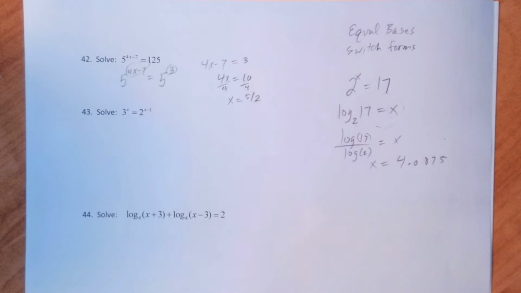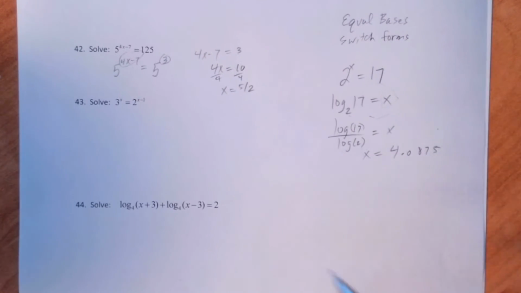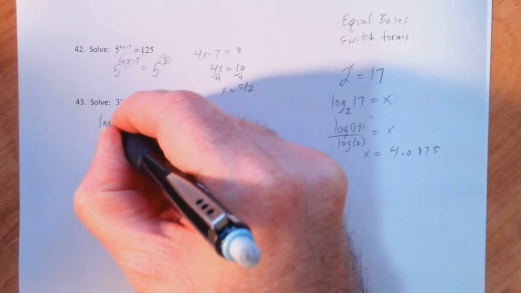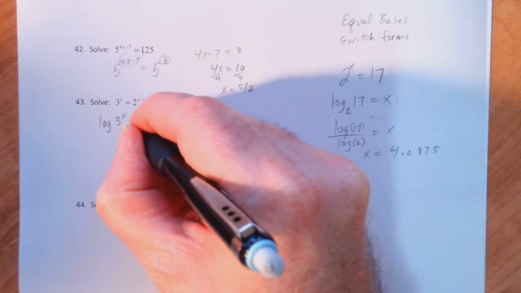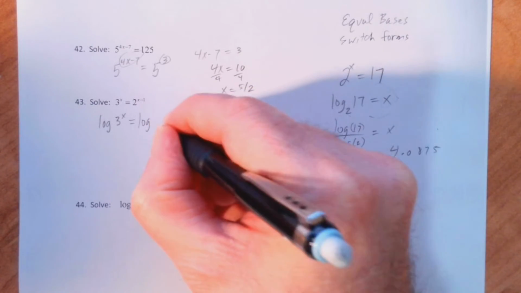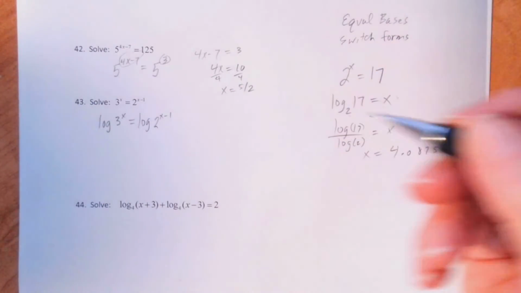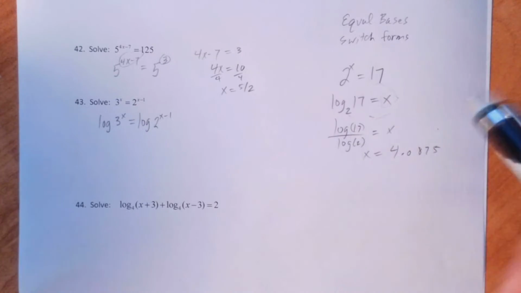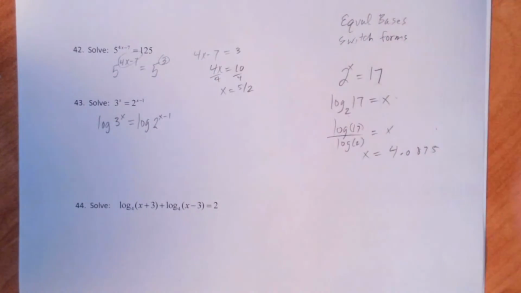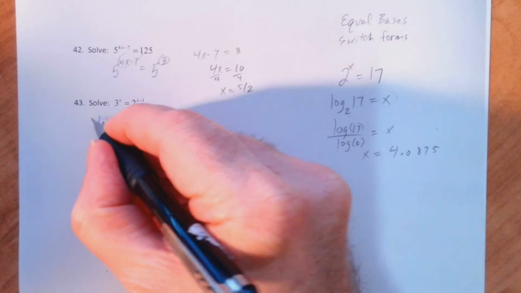Now for this problem here where we have two different bases, it's a little more challenging and we have a little bit different approach. We're going to take the log of each side. Notice the base is 10 since I didn't write the base. And then we're going to use one of our properties of logs, and we're going to move these exponents out front.